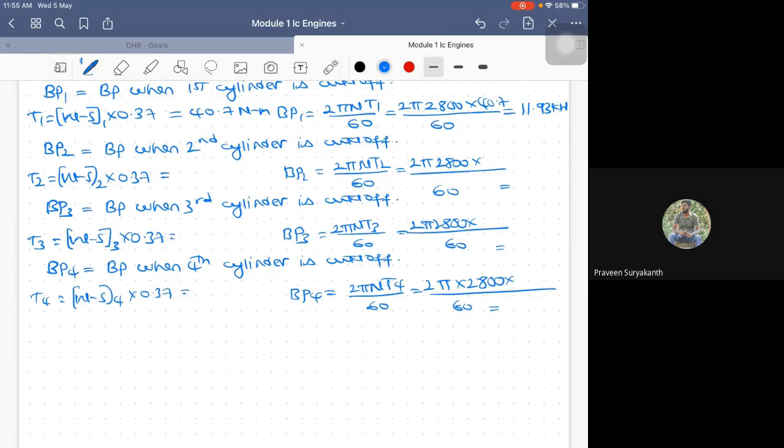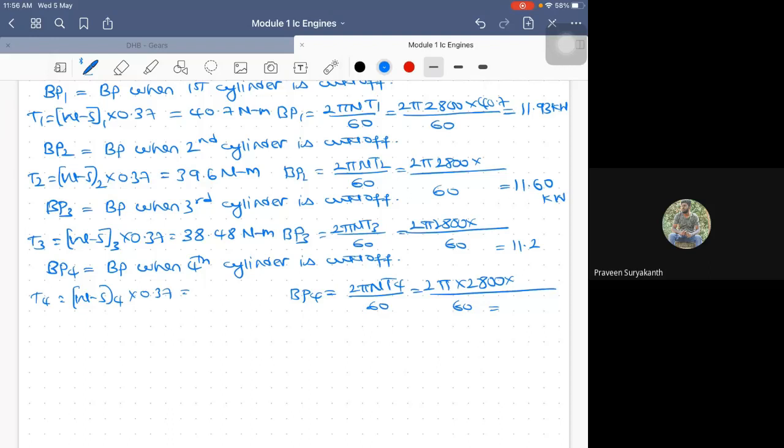So this is 39.6 Newton meters and BP2 is 11.6 kilowatt, and T3 is 38.48 Newton meters and similarly BP3 is 11.28 kilowatt.